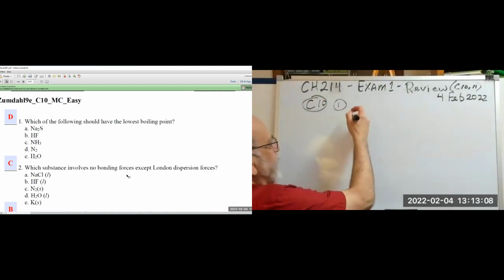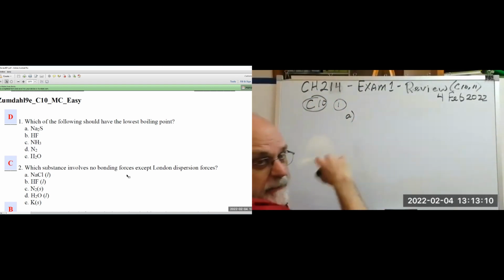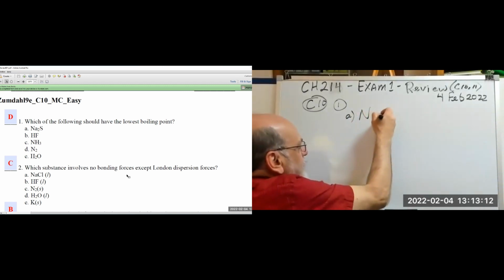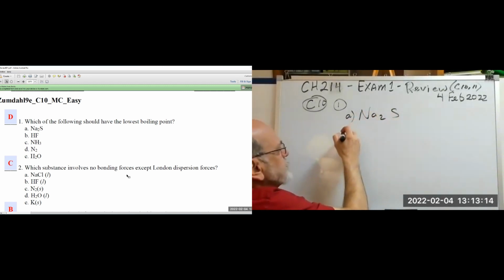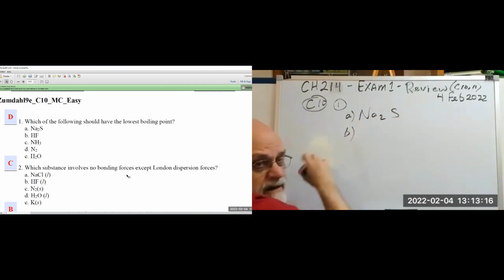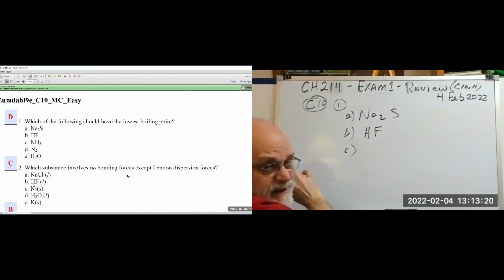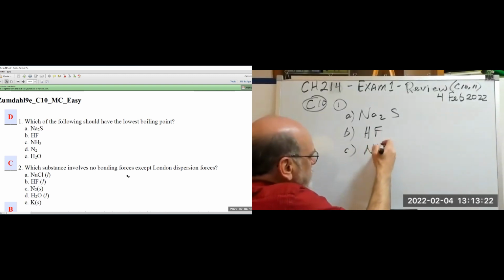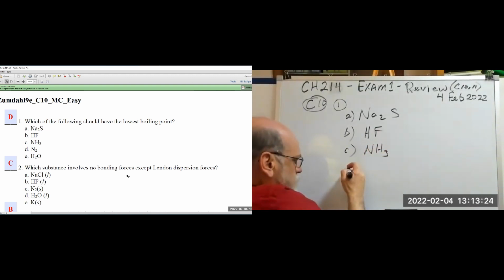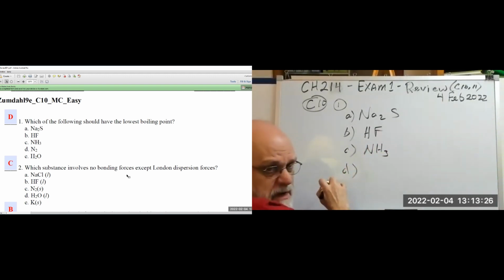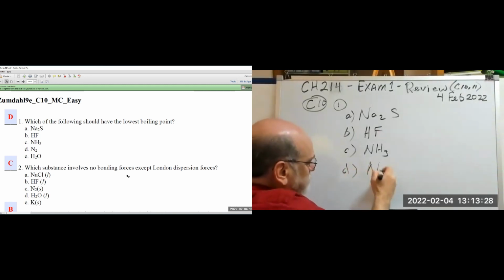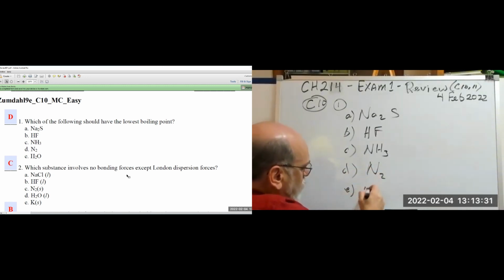All right, we got these 5. Sodium sulfide, hydrogen fluoride, NH3, ammonia, nitrogen, and water.